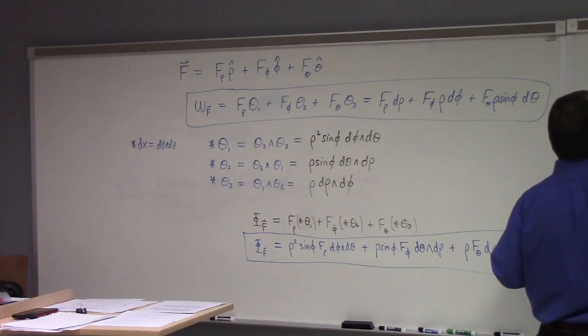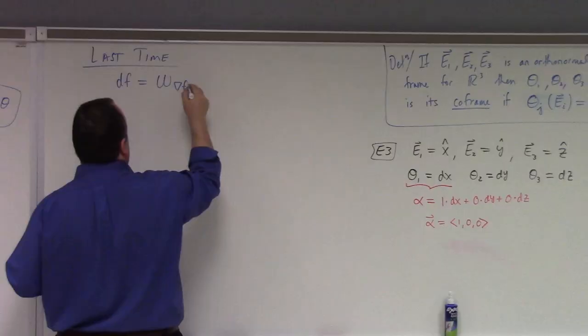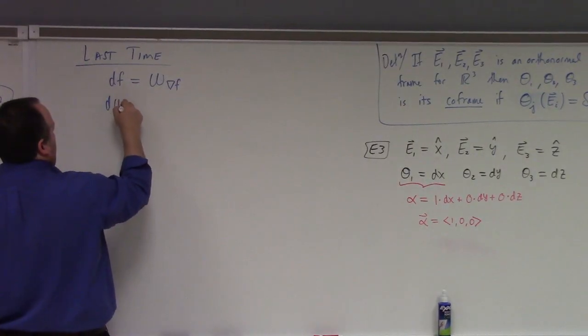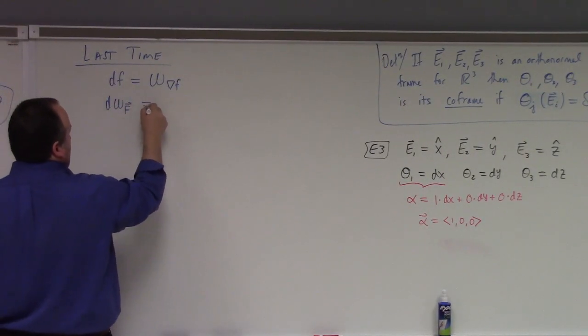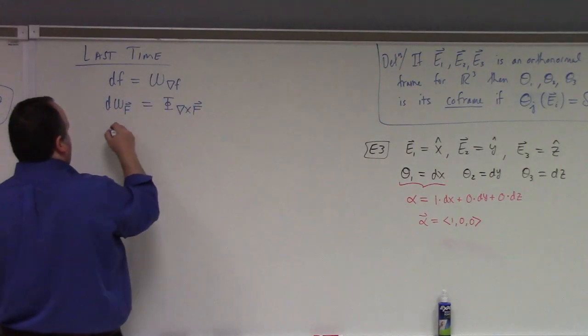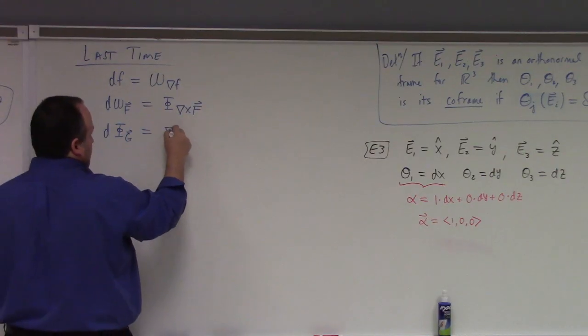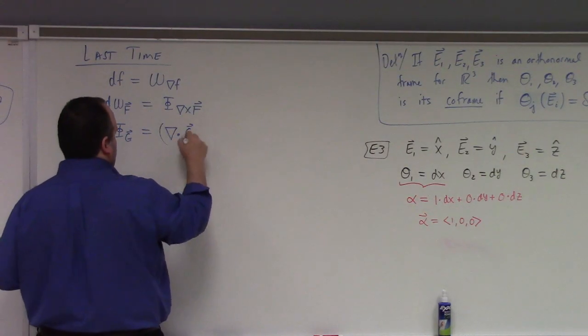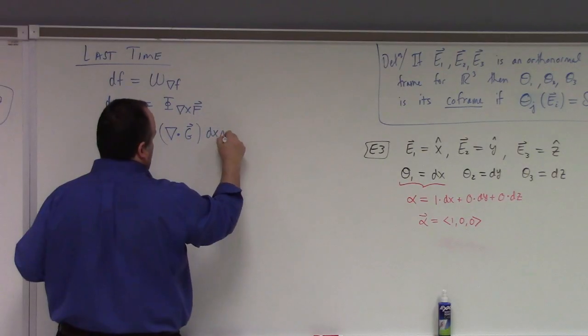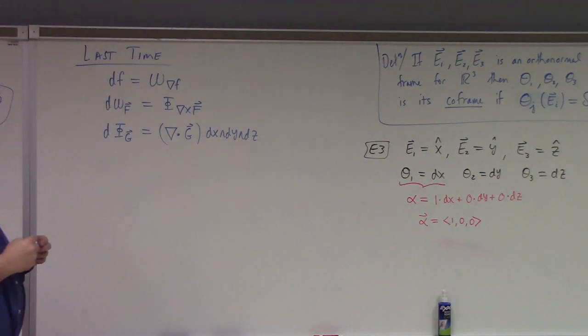We saw that the differential of f is omega of the gradient of f. We saw that the differential of the work form of a vector field is the flux form of the curl of the vector field. And we saw that the exterior derivative of the flux form of a vector field is the divergence of the vector field times dx wedge dy wedge dz.